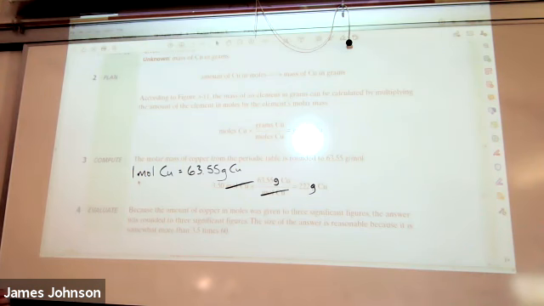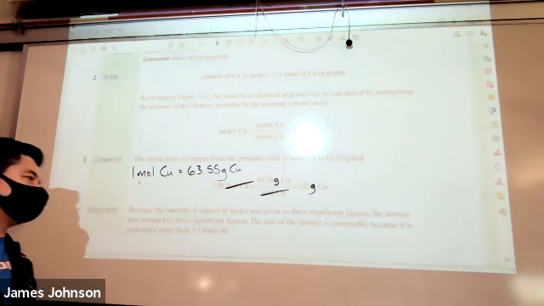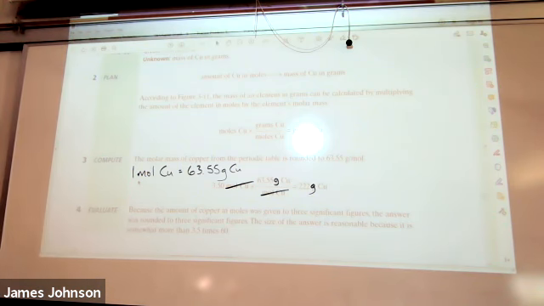So let's check to see if this answer of 222 grams of copper makes sense. The amount of copper in moles was given to 3 significant figures, because we still need to consider the appropriate number of significant figures. The answer was rounded to 3 significant figures. The size of the answer is reasonable because it is somewhat more than 3.5 times 60. And think to yourself, why is that reasonable?